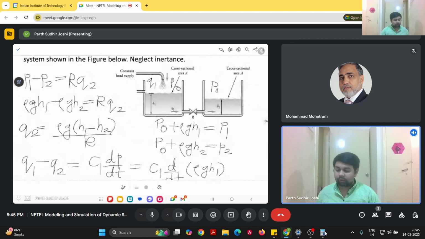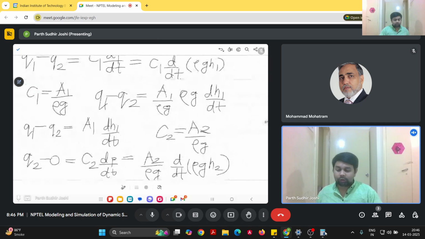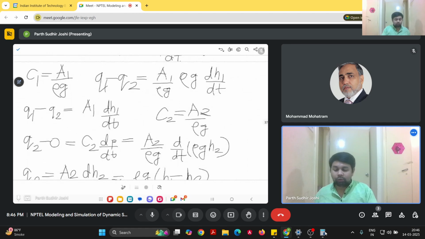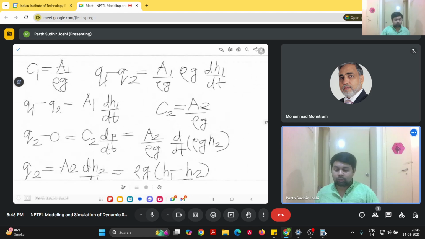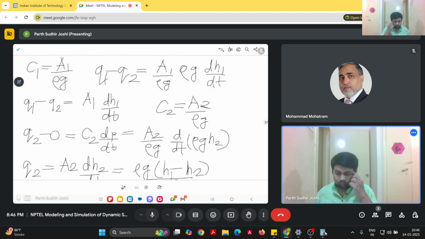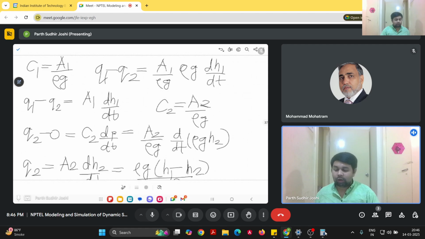And we already have the equation for the rate of change of height H1, which is Q1 minus Q2 is A1 dH1 by dt.